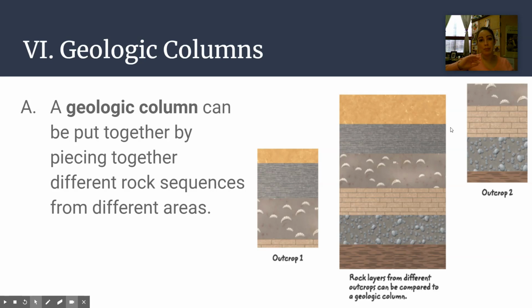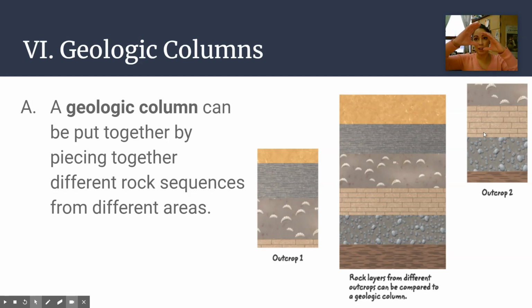So again, in outcrop number 1 over here, I have 1, 2, 3, 4 layers. Then I see a little bit of overlap with this layer that's got the little crescent shaped shells in it. And then I see this brick looking layer, a couple miles away in a different spot. I might be able to make some inferences.